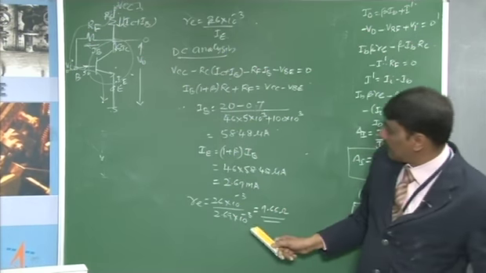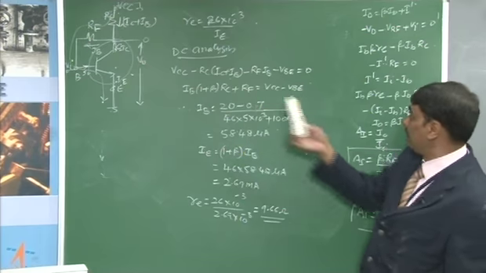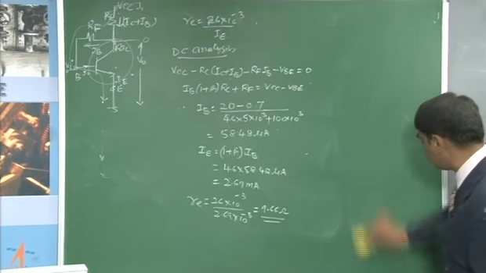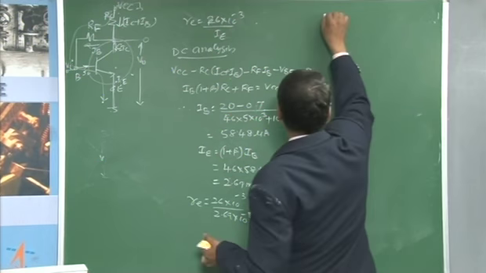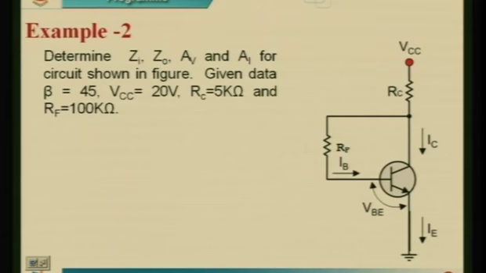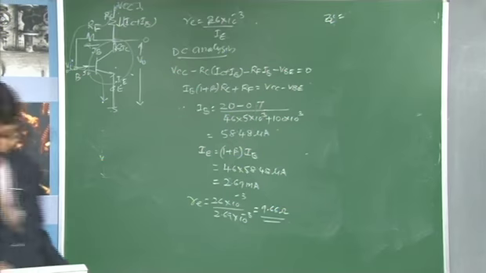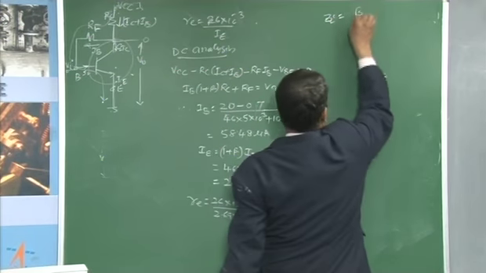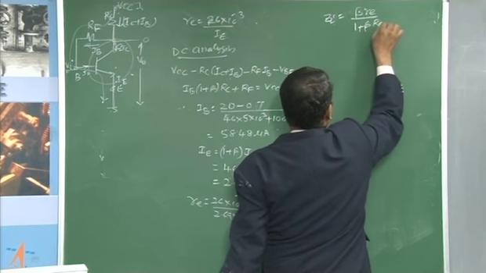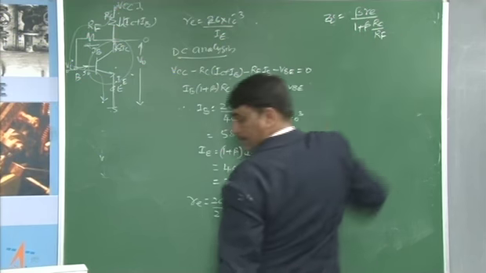After finding this RE value, you substitute it into the derived expression, and you are going to get the input impedance Zi, which is given by the expression approximately equal to beta times Re divided by 1 plus beta times Rc by Rf.